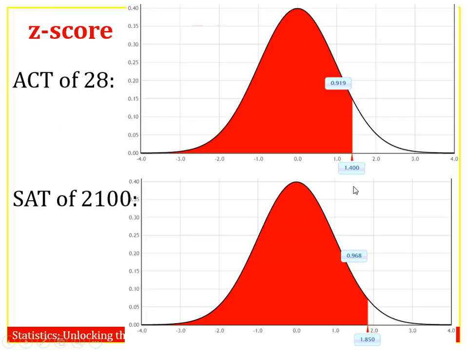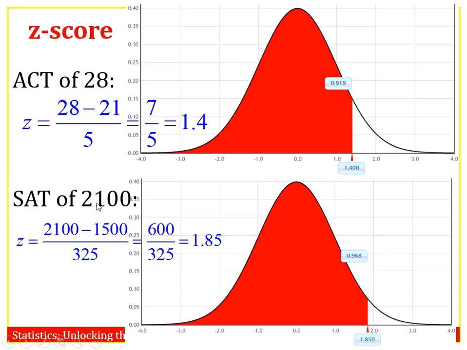If we look at the visual aspects of it, your ACT score of a 28, which we said was 1.4, goes to here. 1.4 standard deviations above. For your 2100, it's 1.85 standard deviations above. You'll notice it's farther to the right. It includes more of your data.